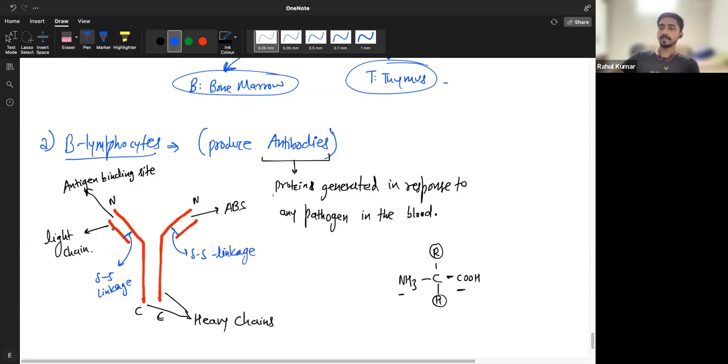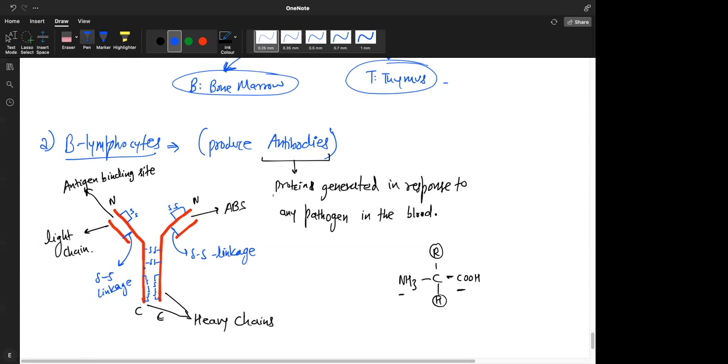And these two heavy chains are also bound. So they are connected with each other through sulfide linkage at multiple places. Here also. So these will also be sulfur linkage. And among themselves also there will be sulfur linkage. You understand, everyone?